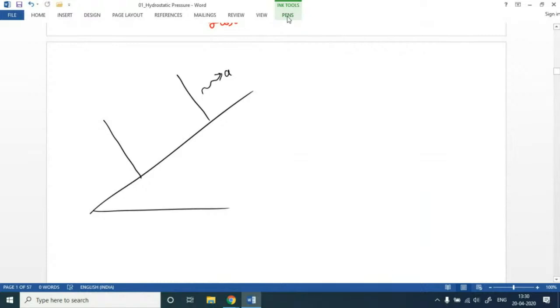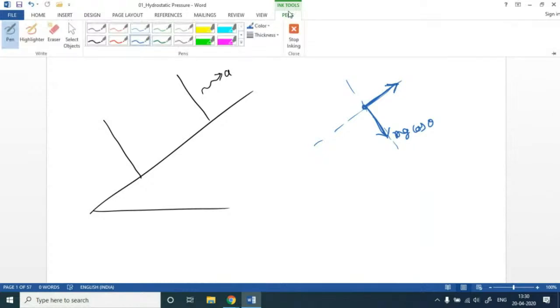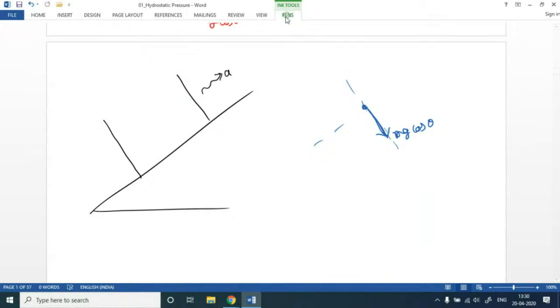If we choose a particle, along the incline and perpendicular to the incline, you must very clearly say that this would be mg cos theta, and the pseudo force will be down the incline over here, so that would be this time m times g sine theta plus a. So this would be mg effective.